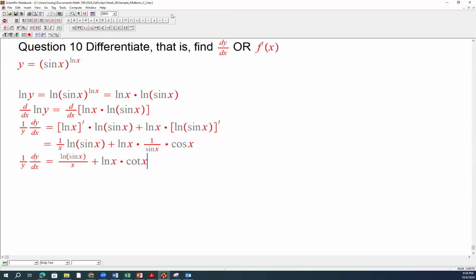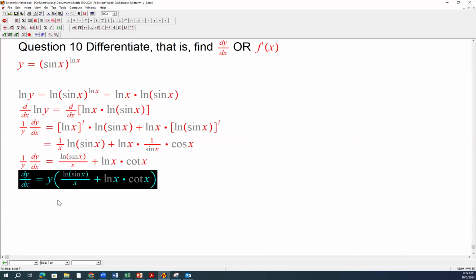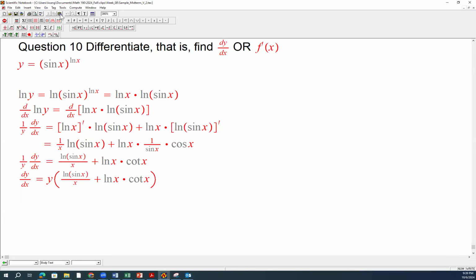And almost the last step, multiply y on both sides. So dy dx equals y multiplied by the whole of that. Boom. And last, substituting y, which was given originally, right here.